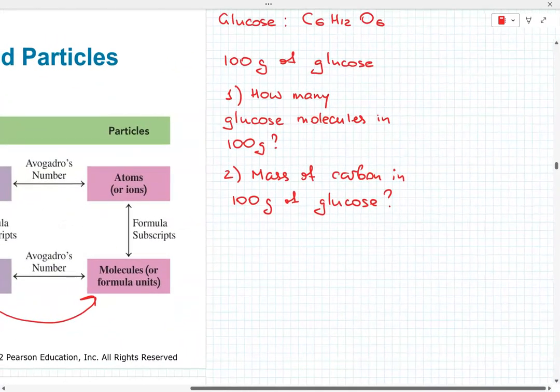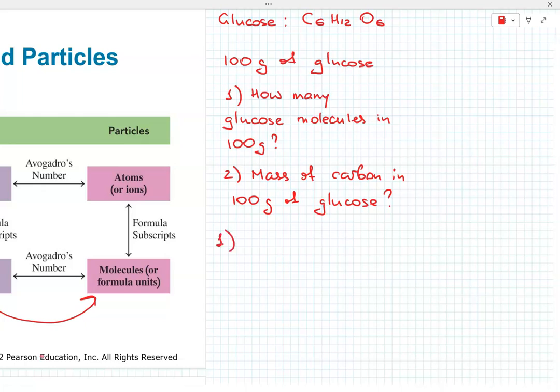So let's address the first question. You have to go from 100 grams to number of molecules. Do you agree with me? So you start with 100 grams converting to moles.